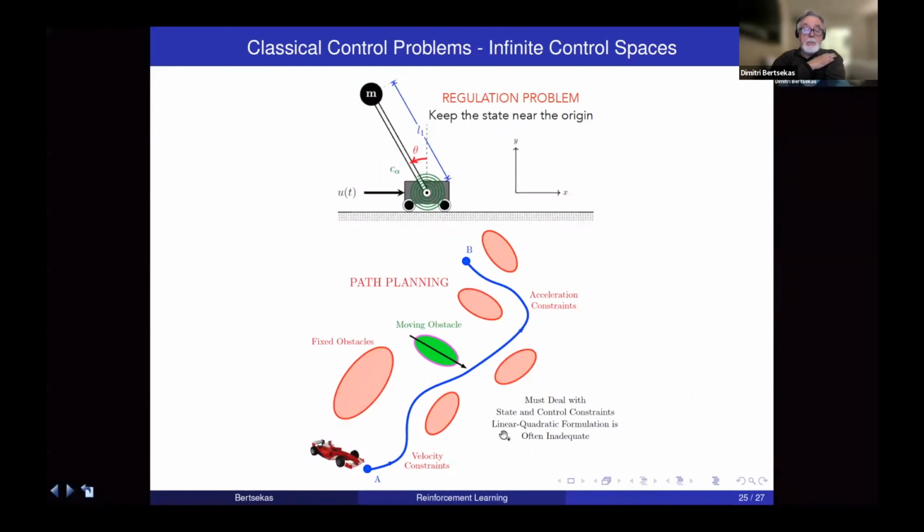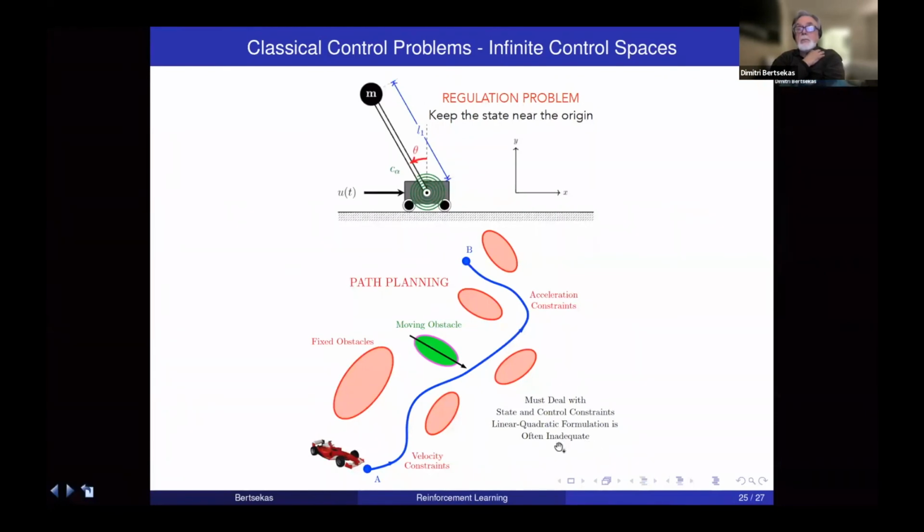And the classical formulation of linear quadratic problems does not deal very well with state and control constraints. So that has motivated alternative methodologies.